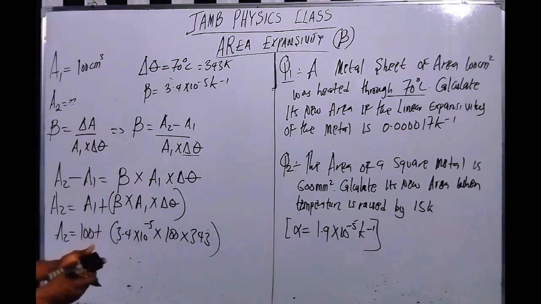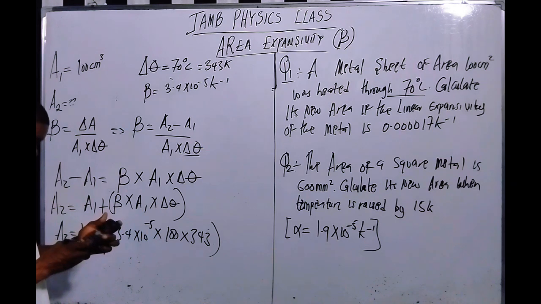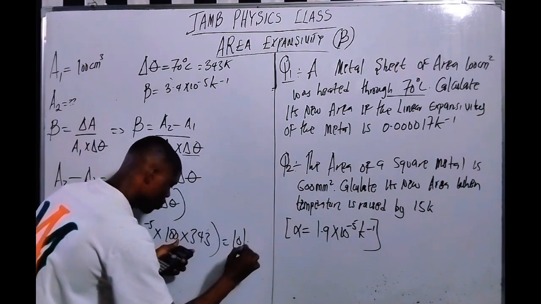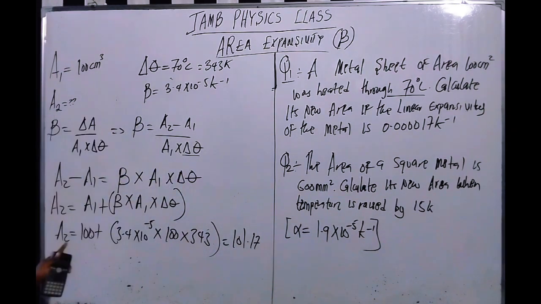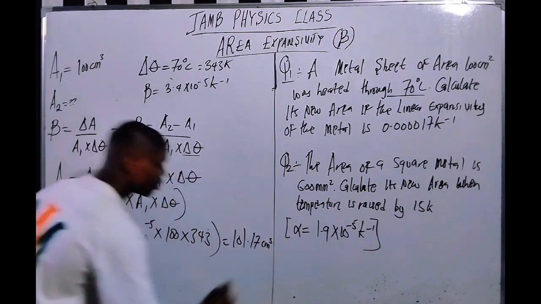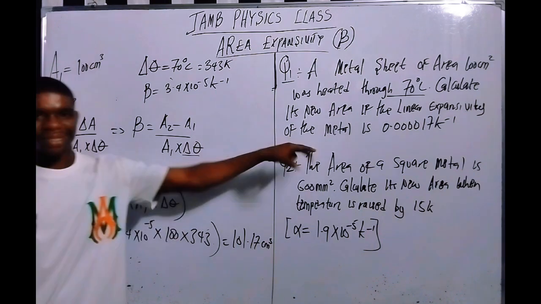So it's going to be 100 plus 3.4 exponential minus 5 times 100 times 343. So you have 101.17. What is the unit? Unit is cm3. So that is the answer to this question, as easy as that.